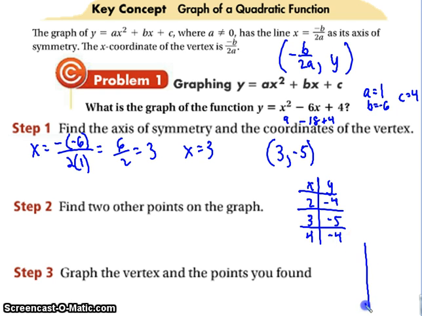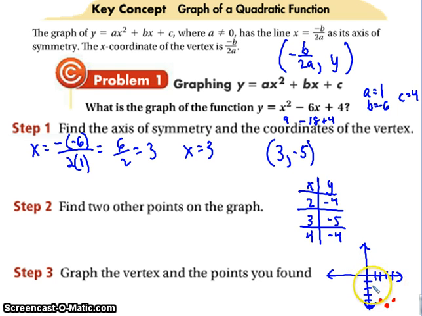And then we graph it. I'm going to graph 3, negative 5. So I put that point, that's the vertex. And then I have 4, negative 4, and 2, negative 4. So I get this one, and I get this one.